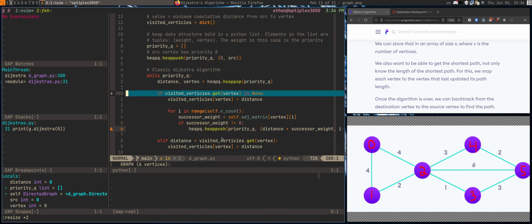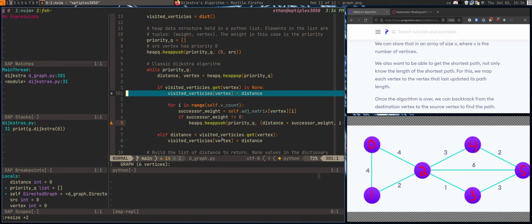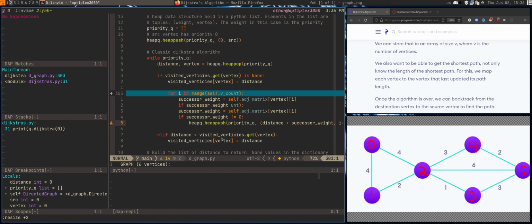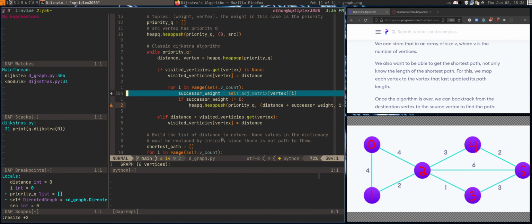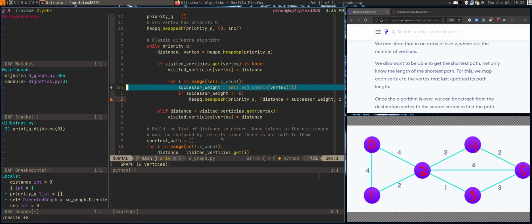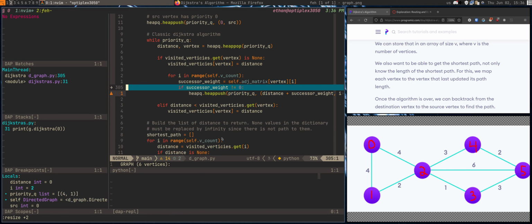It's not yet visited, so we're going to add it to our visited vertices dictionary. For every single neighbor of our vertex, we're going to look at the weight of our neighbor and push it into our priority queue with a weight of the distance plus the weight of the neighbor.